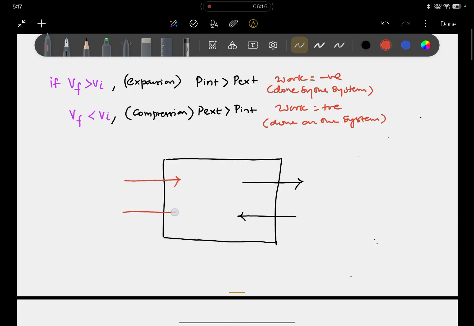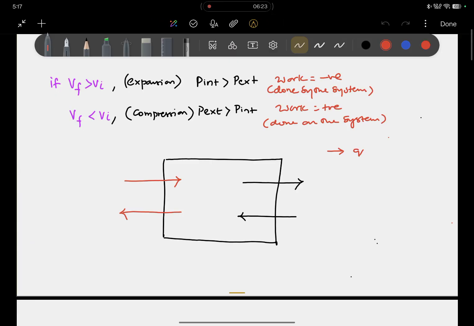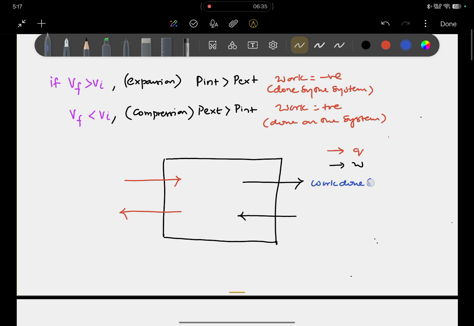Let me say the red color arrow is the heat and the black color arrow is work. So what do you mean by this first arrow? Work done by the system. Work done on the system.